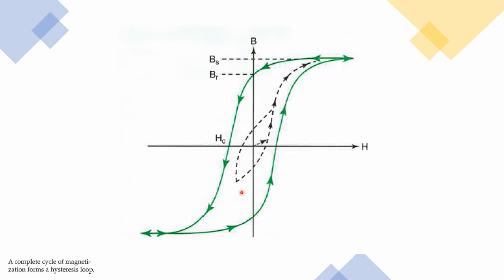That's a magnetic property of the material under the magnetic field. So a complete cycle of the magnetization forms a loop. And that loop is not a physical thing. This is just a description of the magnetization happening to the material by a magnetic field.